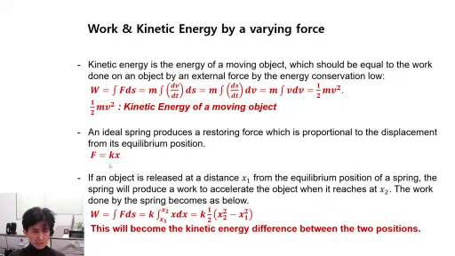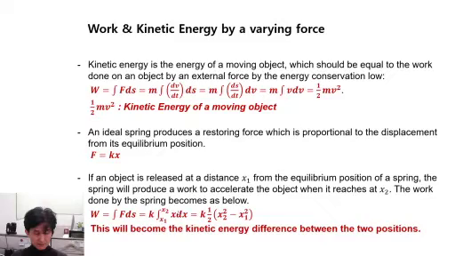In this case, when we calculate the work done by the spring force, we calculate work as the integral of the force by the spring over the distance. If I replace F with kx, k is a constant, so we can put k outside of this integral, and the integral becomes from x1 to x2 of x dx.